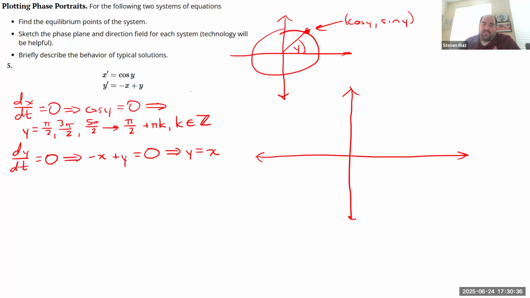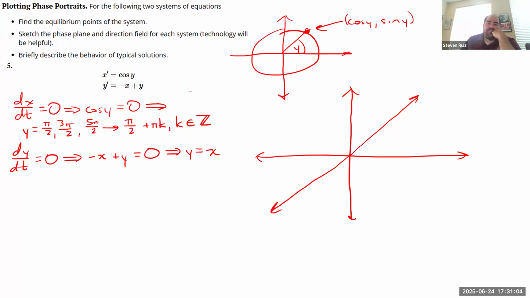The y null cline is this line, y equals x. We understand what that line looks like, this 45-degree angle. So that's where dy/dt will be equal to 0. Now, where will the other one also be satisfied? It's going to be satisfied wherever y is equal to a value that looks like this.